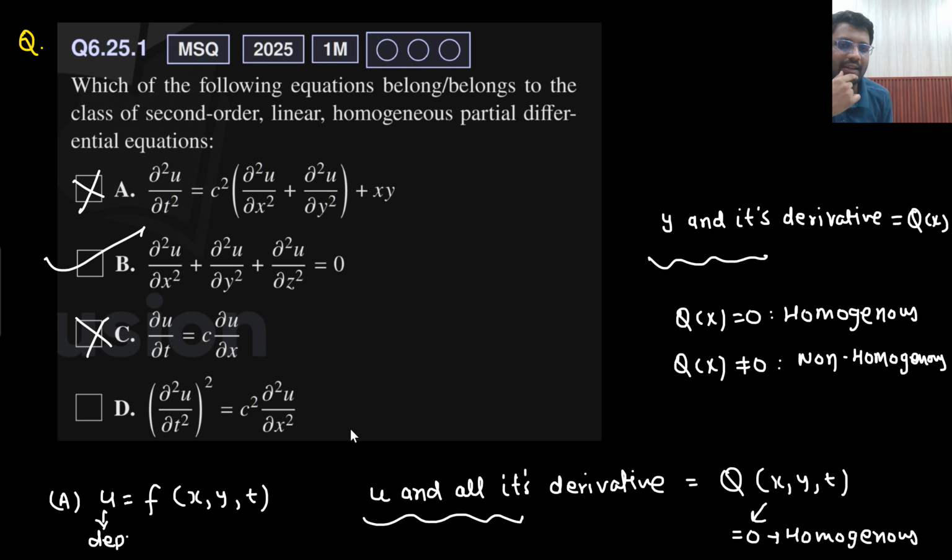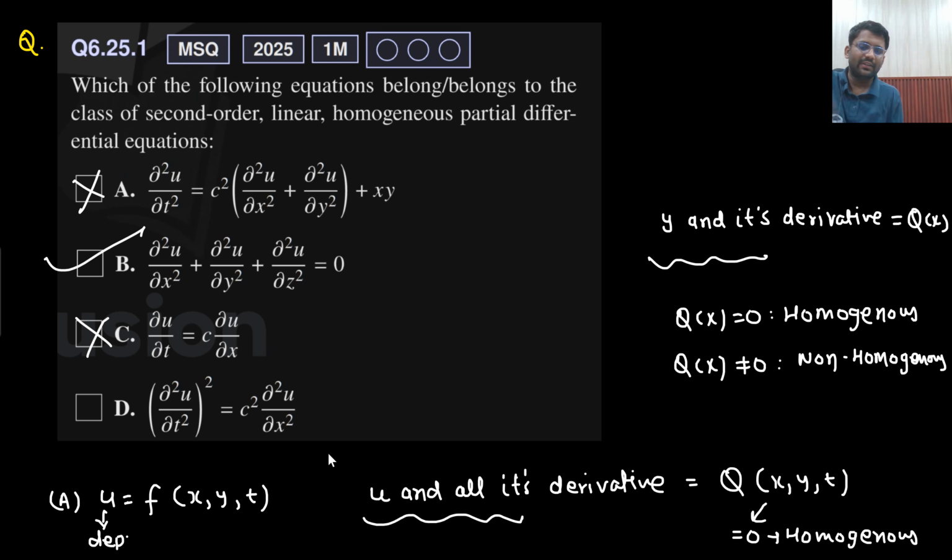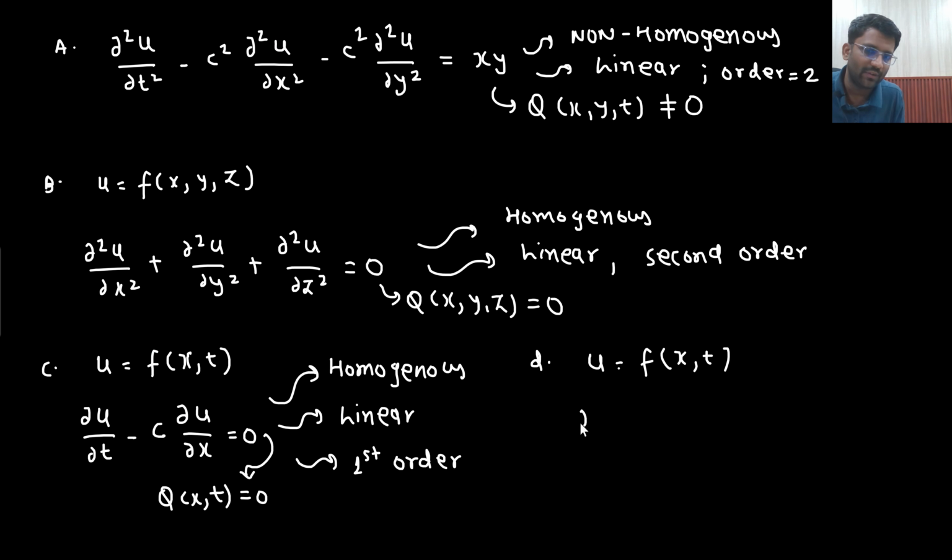Second one, just simply let me know, is it homogeneous or not? D. U is a function of what? U is a function of again x and t. So for checking the homogeneity, what will I do? U is a function of x and t, so all the terms of u I will keep aside.